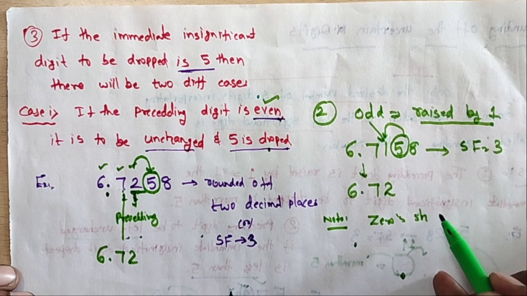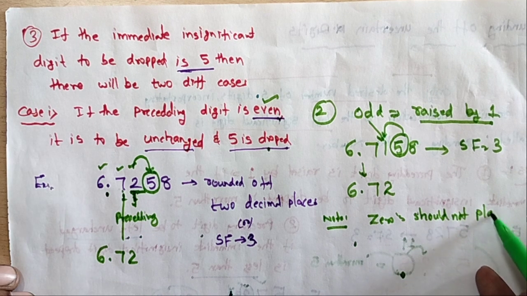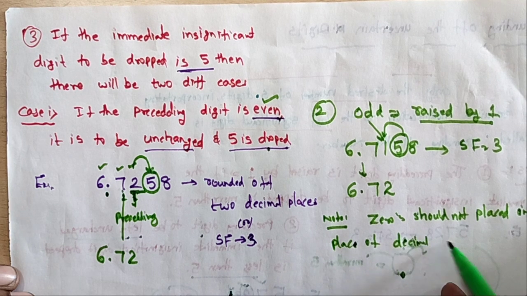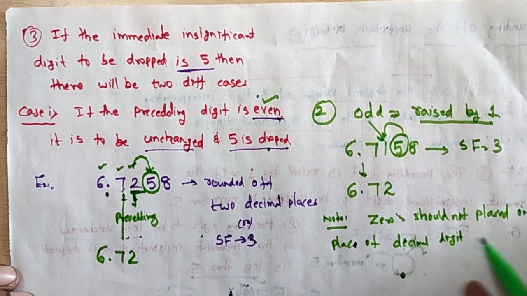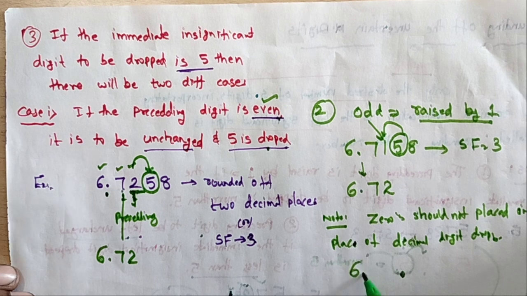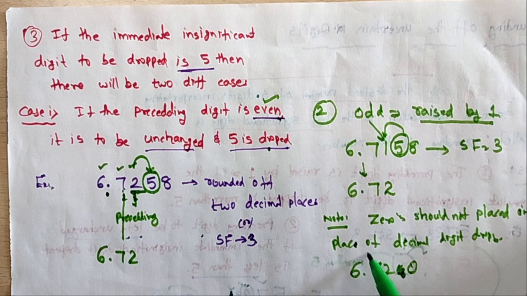Note: zeros should not be placed in the place of the decimal digit dropped. Don't write 00. 6.7200 is wrong. Don't do that. The 0 should not be placed in the place of the dropped decimal digit.